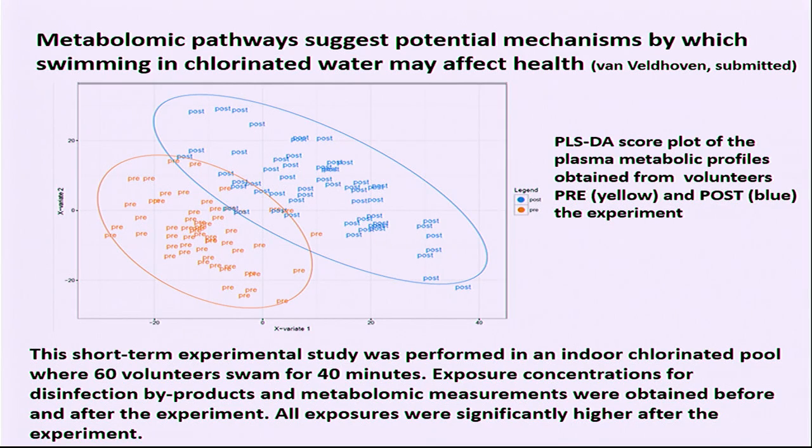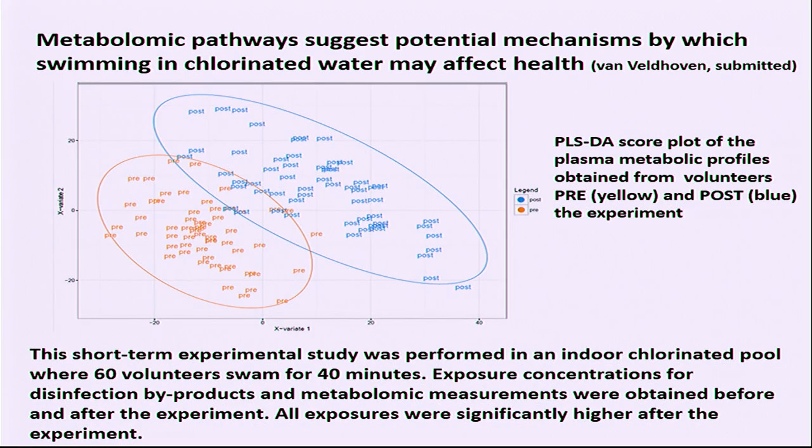So this is one of those studies, which is part of Exposomics. We enrolled 60 volunteers who swam for 40 minutes. We measured disinfection byproducts in the water and in exhaled air. And we took blood. And in that blood, we measured 5 different omics, which are proteomics, transcriptomics, metabolomics, epigenomics, and adductomics.